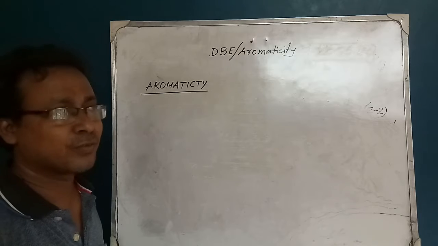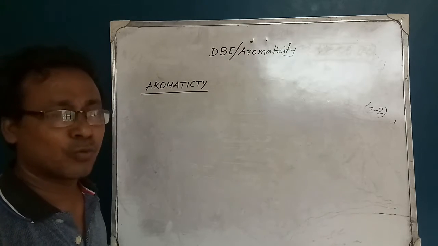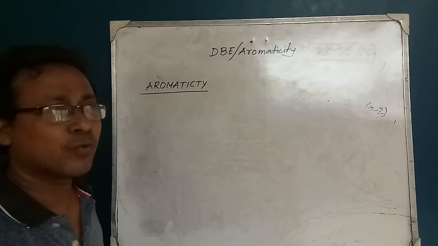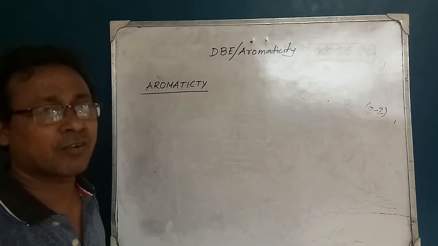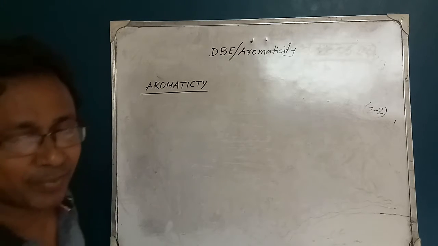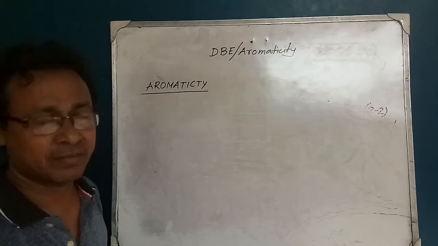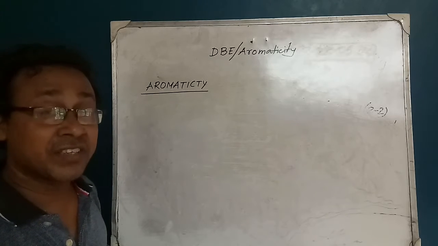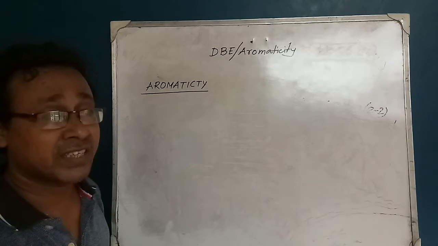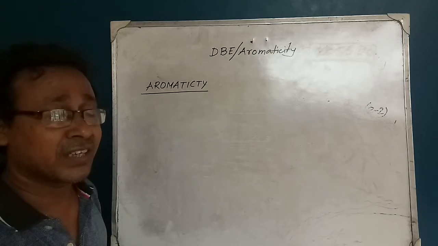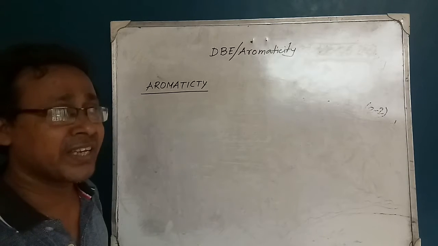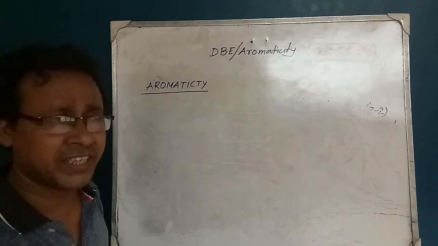At first we will know why we read aromaticity and what is the role of aromaticity in organic chemistry. It is very important in organic chemistry, and we found in different cases that many compounds have extra stability.